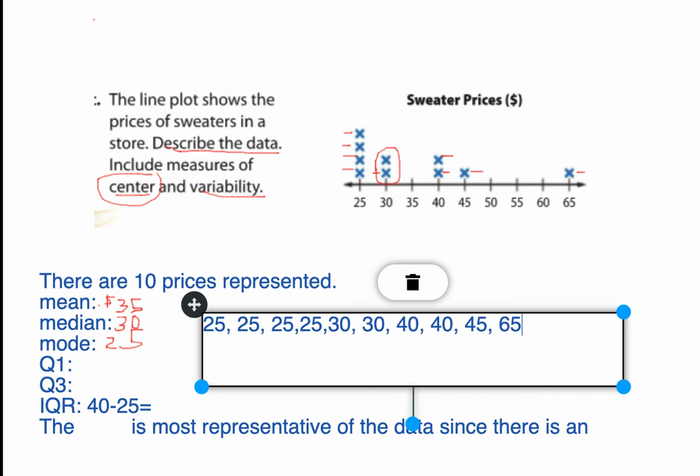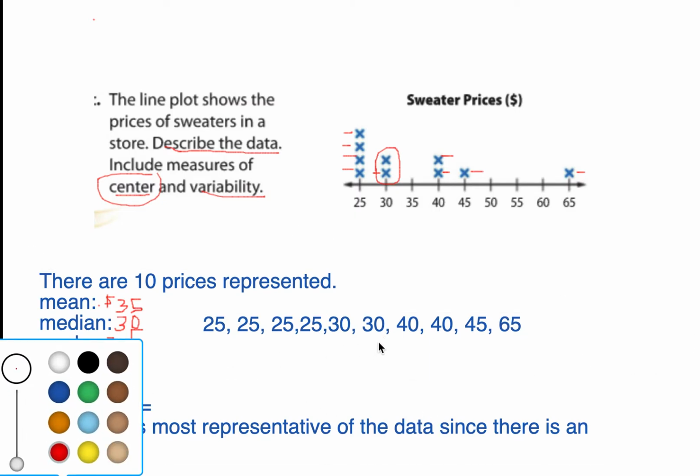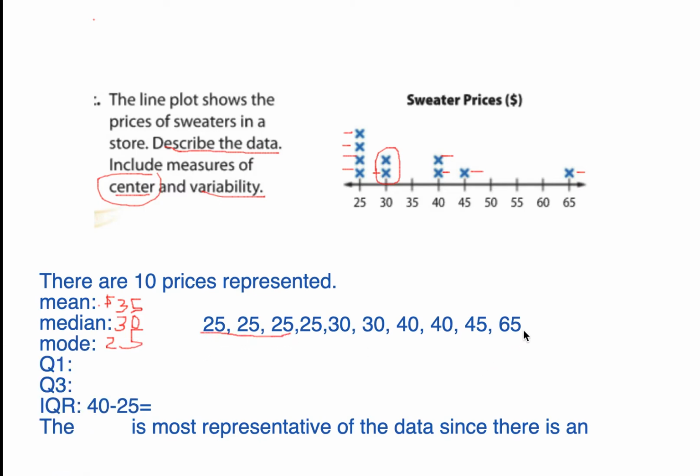Then 65. I think it's kind of hard to do it any other way, but then actually visualizing it. So 1, 2, 3. 1, 2, 3. 4. 4. And we already said the median was 30 when you add it all up. That looks horrible. I apologize.